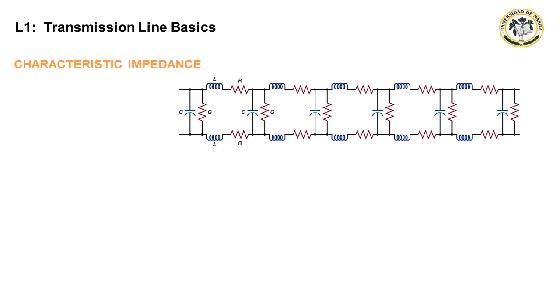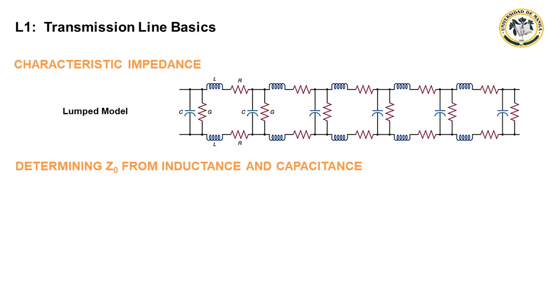This is called a lumped model of a distributed line. Over the length, however, this resistance is responsible for considerable signal attenuation. The effects of inductance and capacitance are considerable, and in fact, they determine the characteristics of the line.